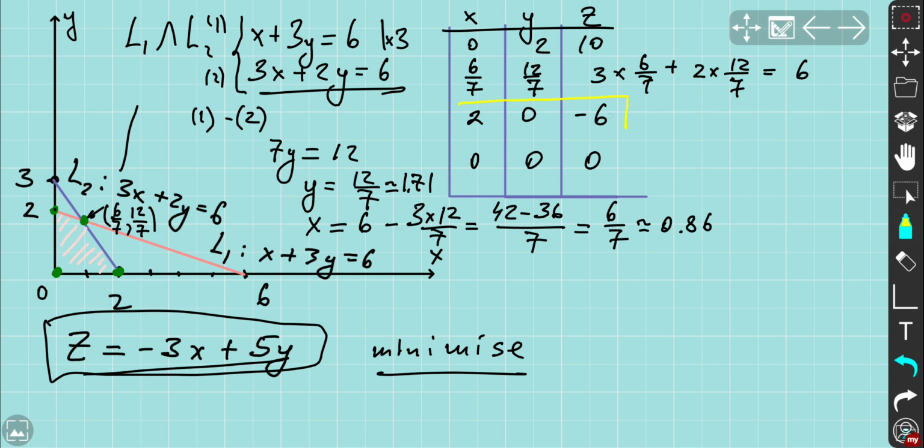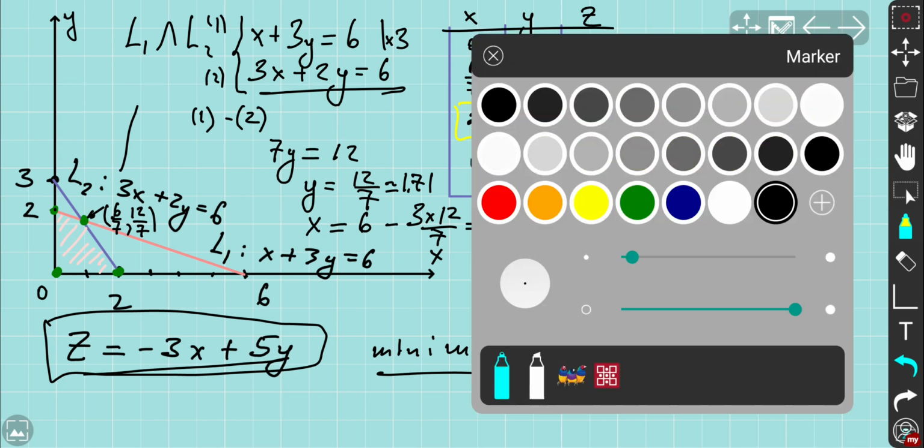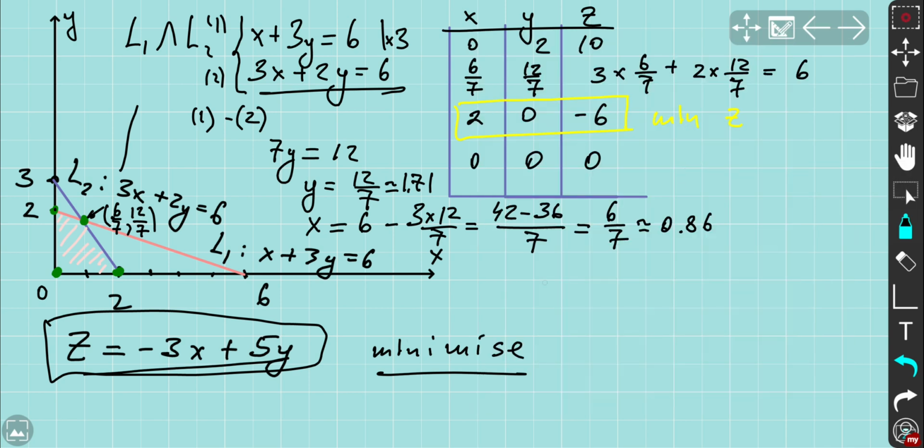So 2 and 0 will deliver us the minimum z. So the equation of the line for the minimum value of the objective function is going to be 3x plus 5y equals negative 6. And that's the minimum z.